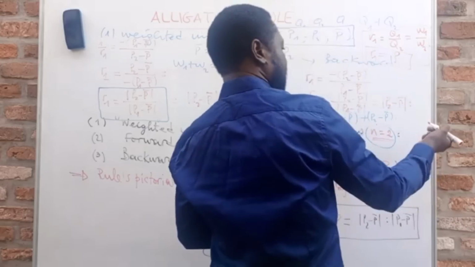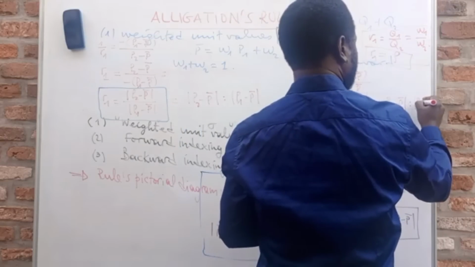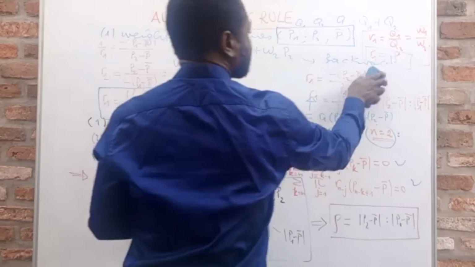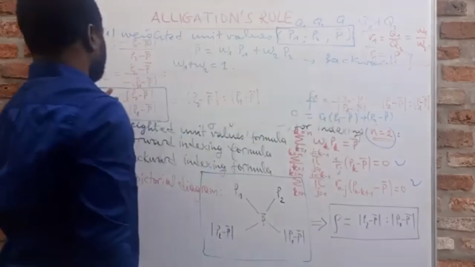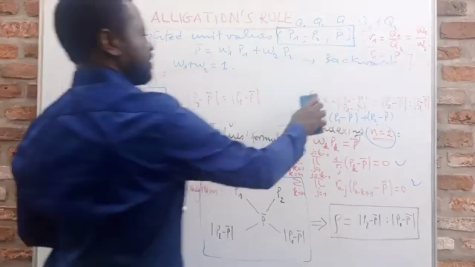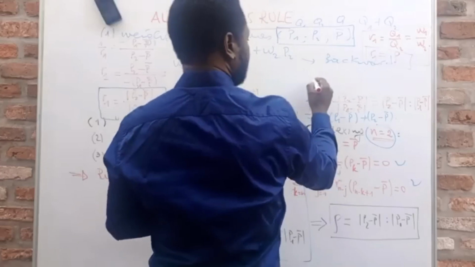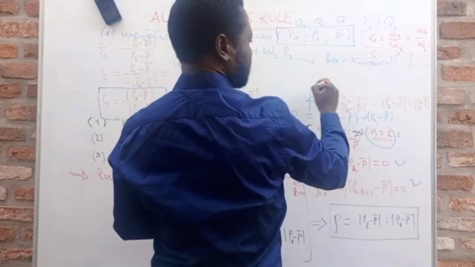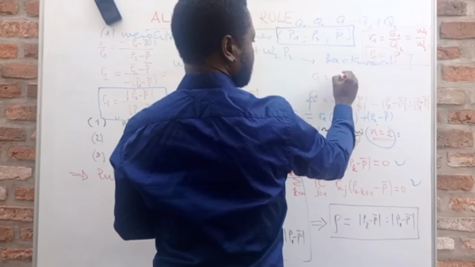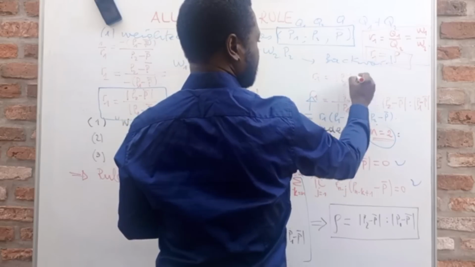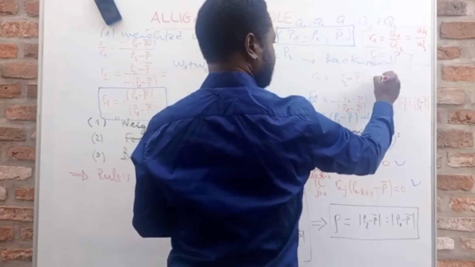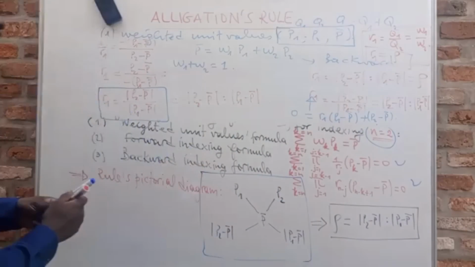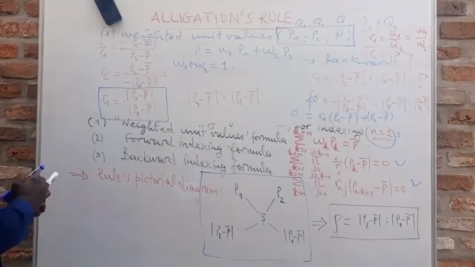Now, as a conclusion, we must have the same conclusion as in the forward indexing method, and then we will have R sub 1 equal to P sub 2 minus P bar to P sub 1 minus P bar, and this is the overall ratio in the case of a mixture of two quantities.